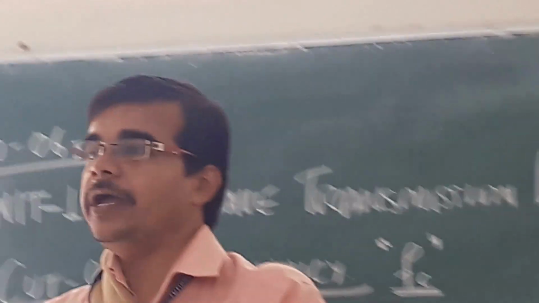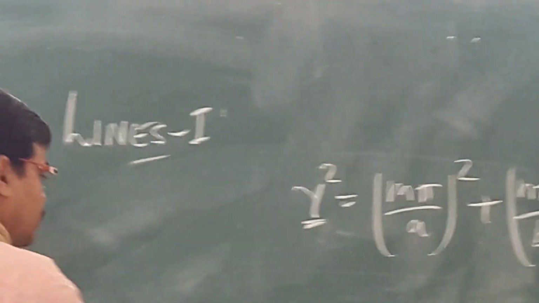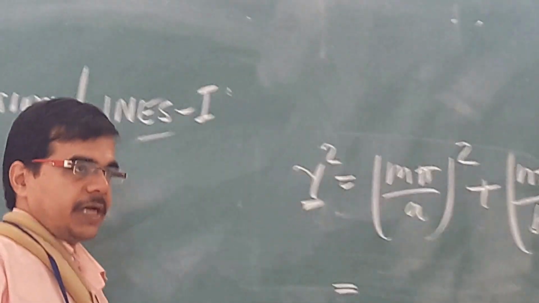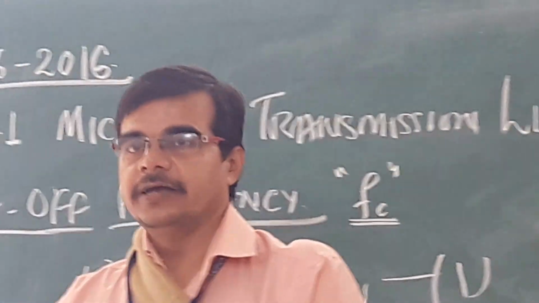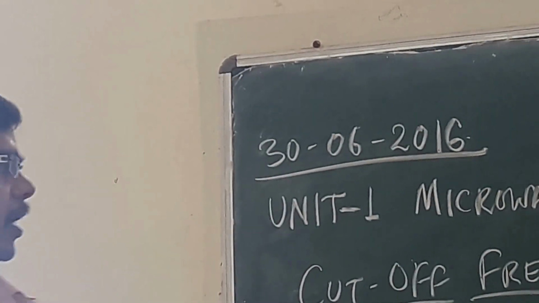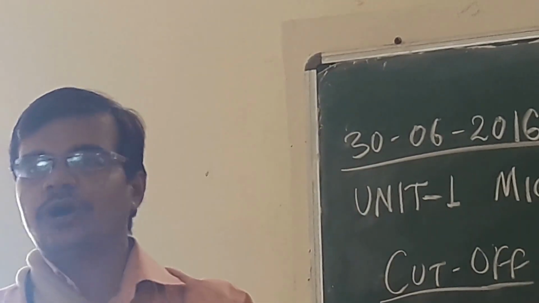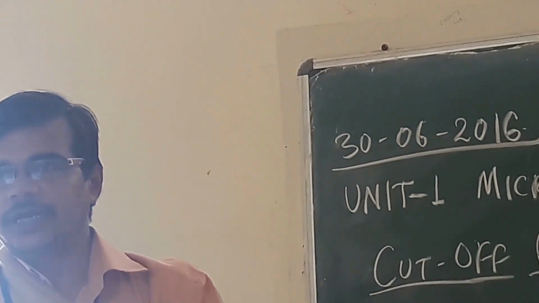Next. You are knowing that propagation constant consists of your attenuation constant and your phase constant. Earlier in EMT we have studied that your propagation constant is the summation of your attenuation constant and phase constant.